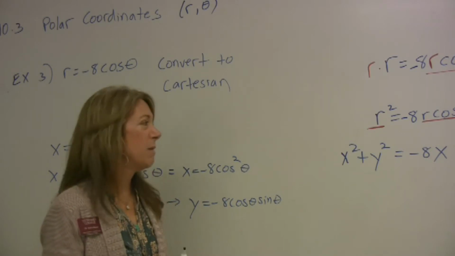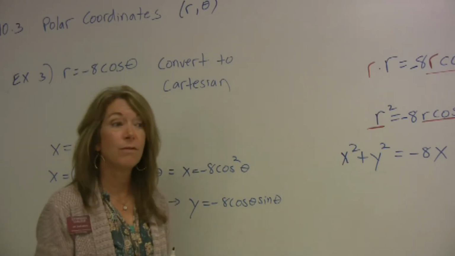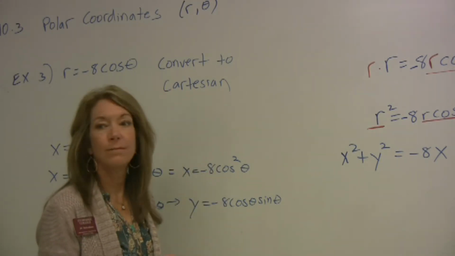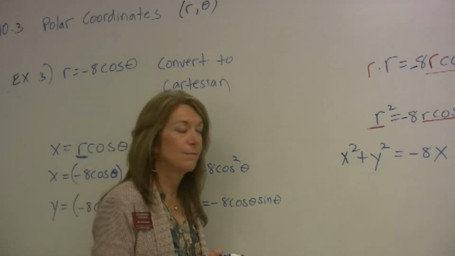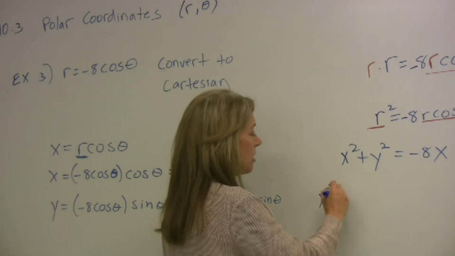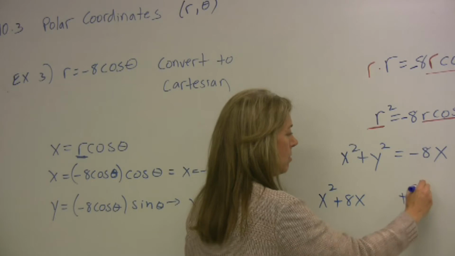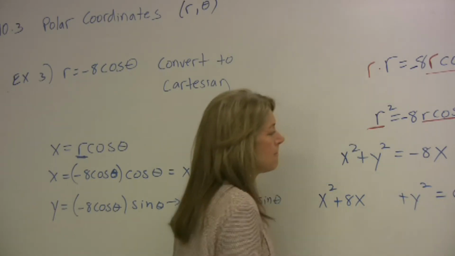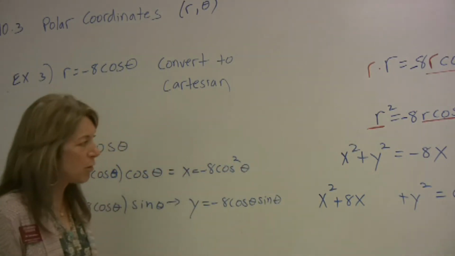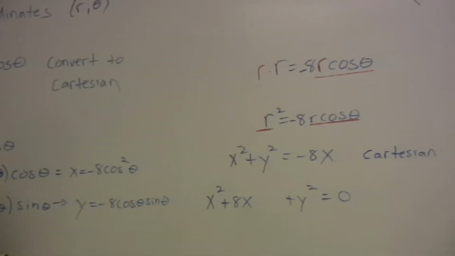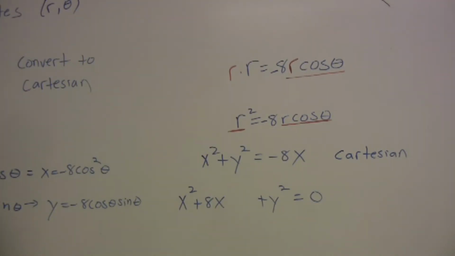But my next question is going to be, what's that an equation of? I'm going to rearrange it to answer that question. You guys know how to complete the square?